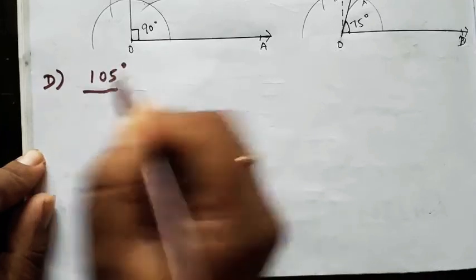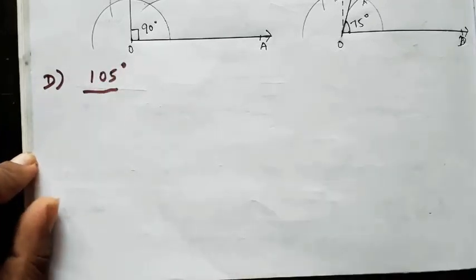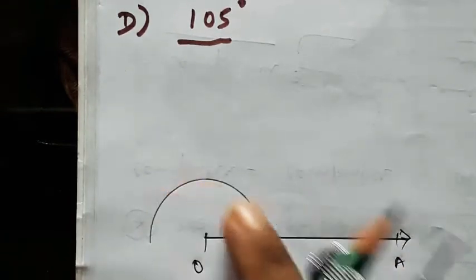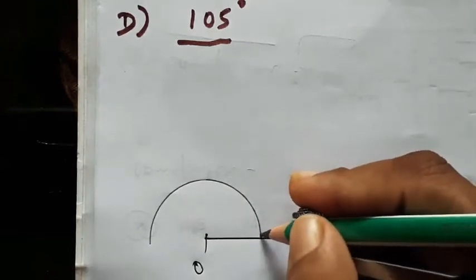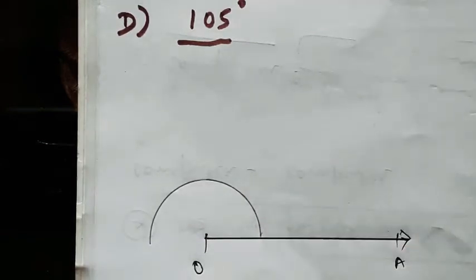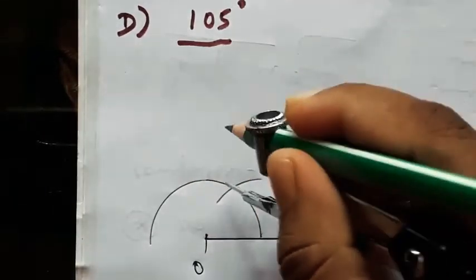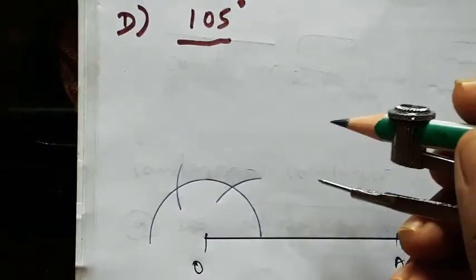105 degree. Now see, to draw 105 degree, again you have to take one base ray and draw one semicircle. It's a basic step. Now you are used to it. First of all, mark one arc from here of 60 degree, another arc that is 120 degree.